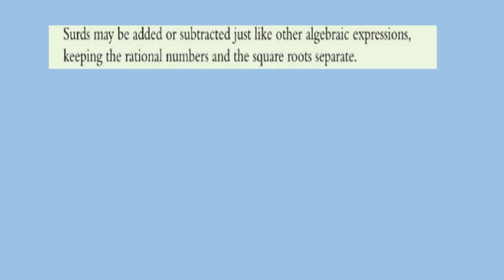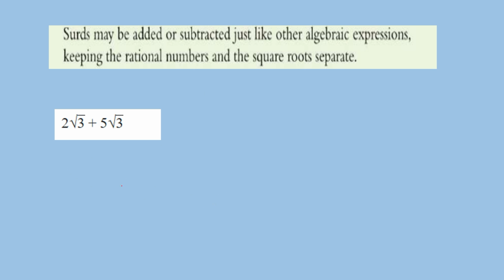Surds are added and subtracted just like normal operations in algebra, but we have to keep in mind that rational numbers will be added or subtracted with rational numbers, and square roots or cube roots will be added or subtracted with square roots or cube roots.